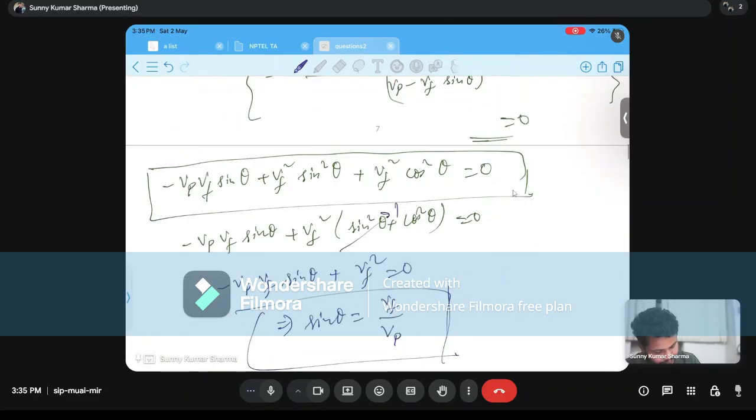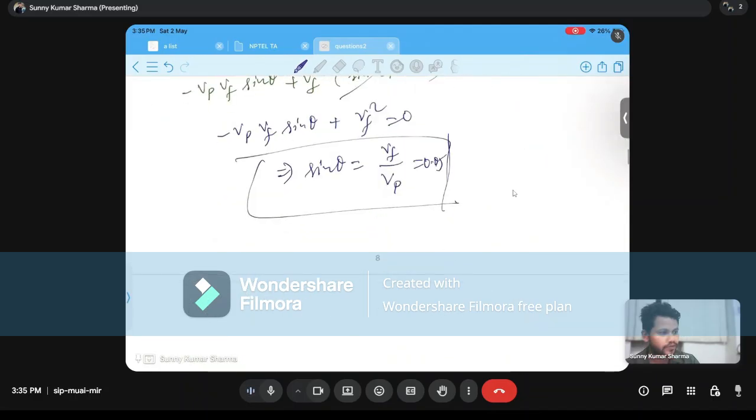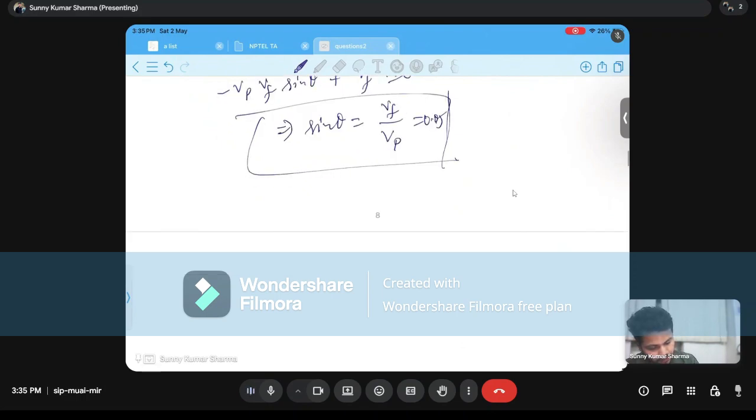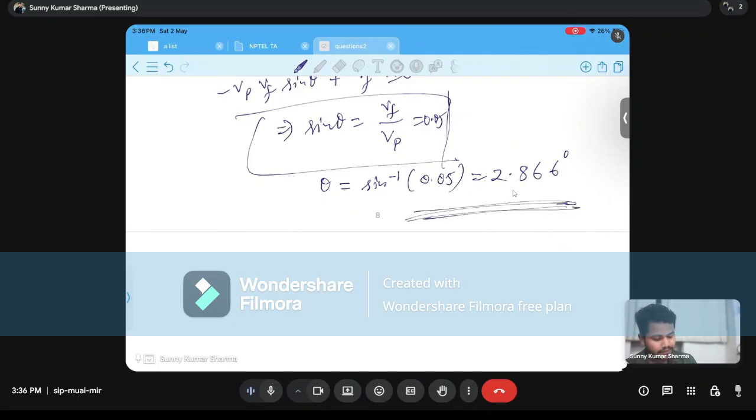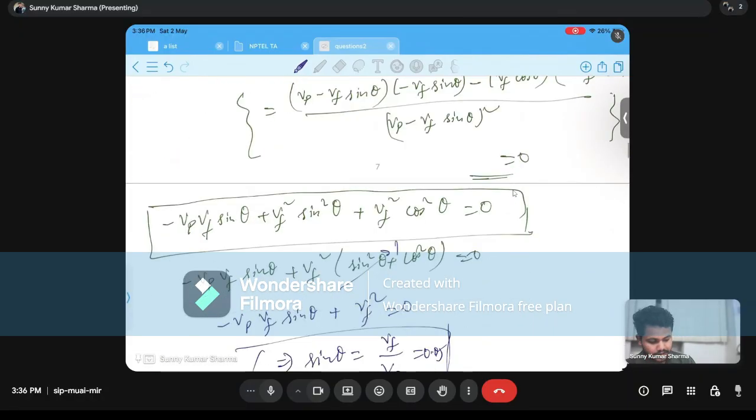So Vf by Vp will become 0.05. Now we need to find the angle at which this value comes. So theta will be equal to sine inverse 0.05, and the value of sine inverse 0.05 is approximately 2.866 degrees. So this is the blade angle at which the maximum oblique angle phi OB occurs.